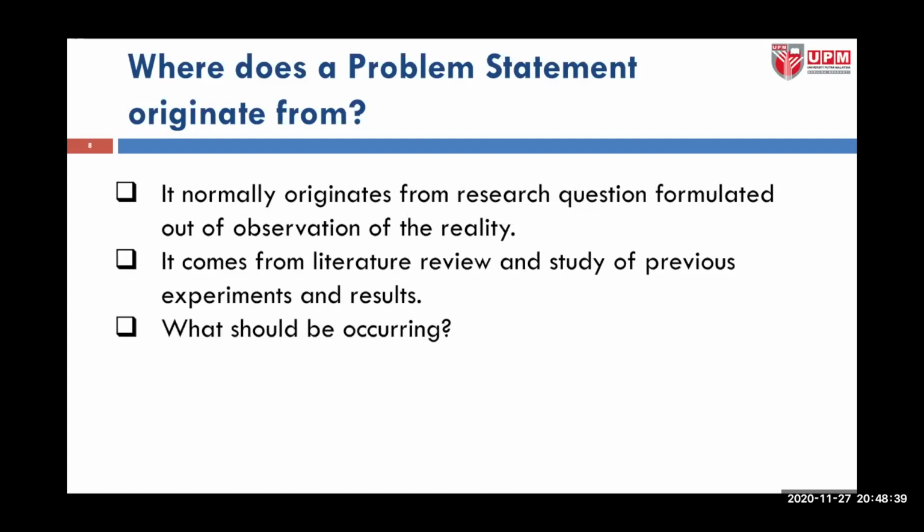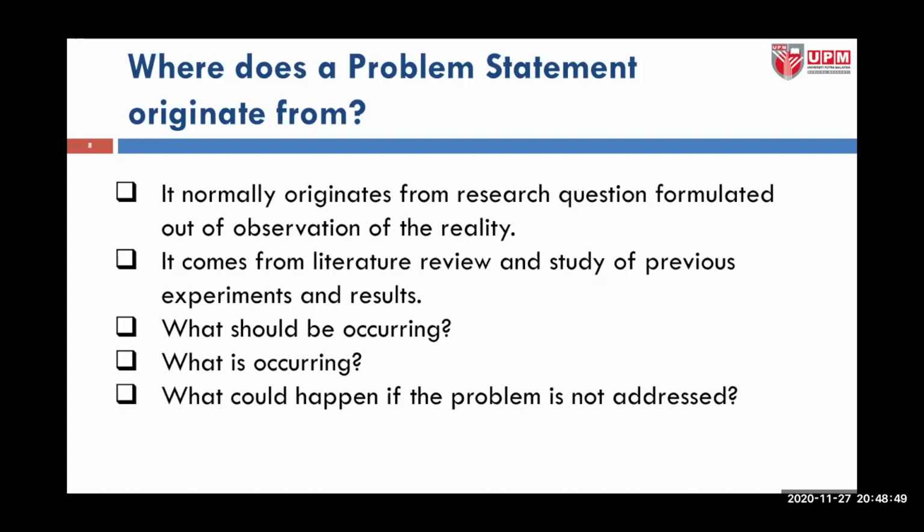It is also what should be occurring and what is occurring in the current scenario, and what could happen if the problem is not addressed. For example, like the water pollution problem in Selangor. What could happen if we do not address the issue?